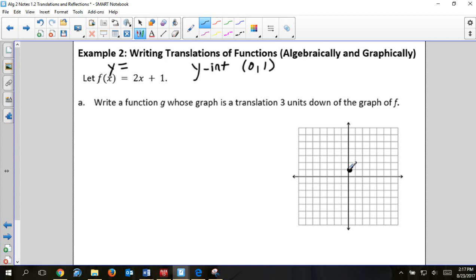We need to go up 2 over 1. What's that? The slope. So we're going to go up 2 over 1, or we can go down 2 left. And then that's the original function, so we're going to just dash it.